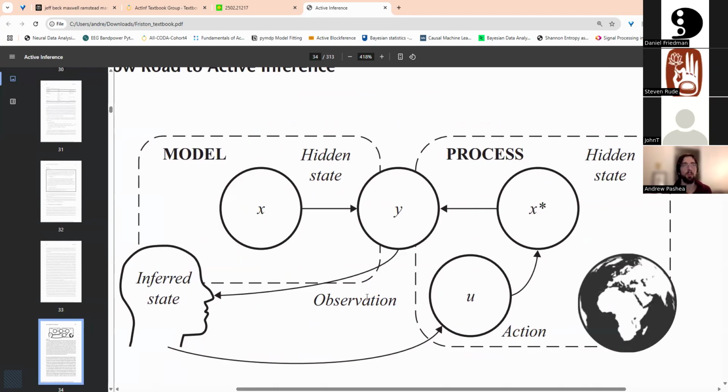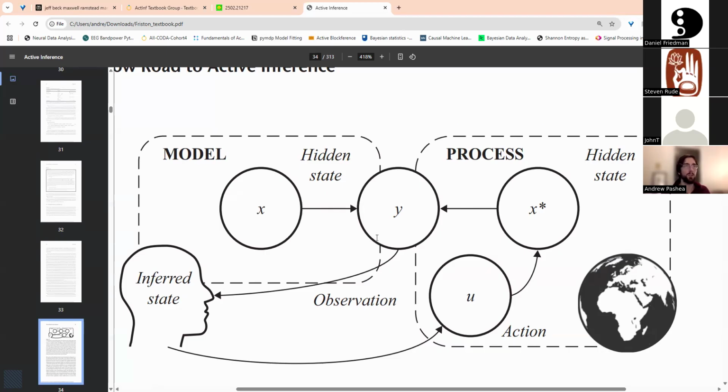It might be better represented here between the model and the process, just as Y is between them. Those are the sensory Y and active U states that define these boundaries and also nonetheless are the vicarious pipelines or passageways almost between the Markov blankets of the agent versus the environment.